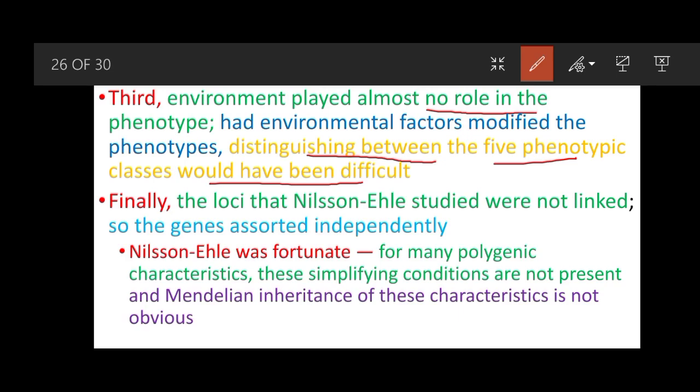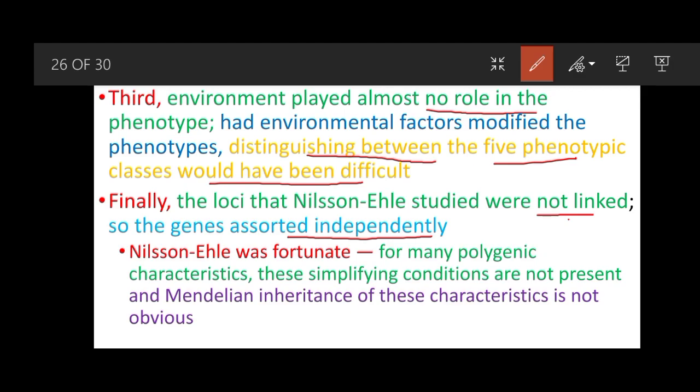And finally, the loci that Nelson studied were not linked, so the genes were assorting independently. If they had been linked, it would also have been a complication, and he would not have ended up with these results. So Nelson was very lucky in demonstrating the example of kernel color in wheat.